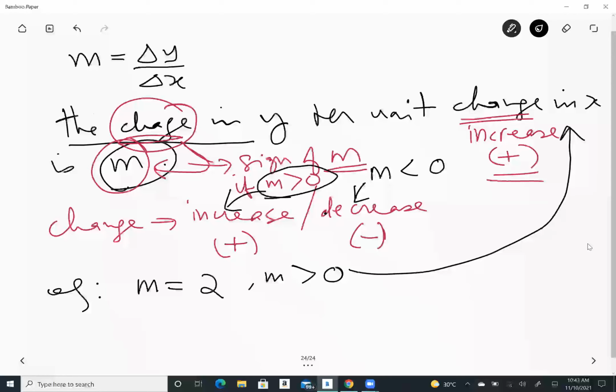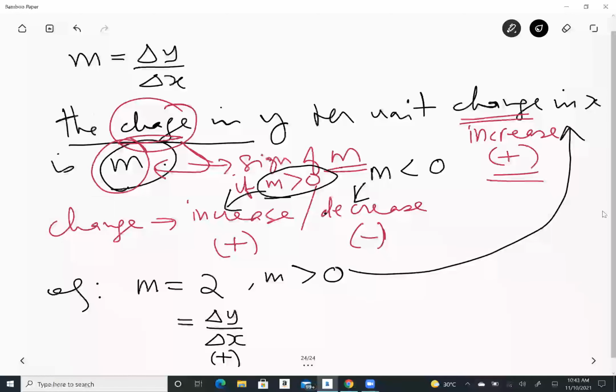So when M equals 2, what can you say about the change in Y for a 1 unit increase in X? That will be equal to delta Y over delta X. The delta X, we know it's already an increase because I say here. We have to start somewhere. We say that X increased by 1 unit.